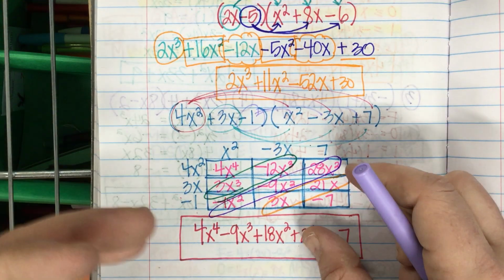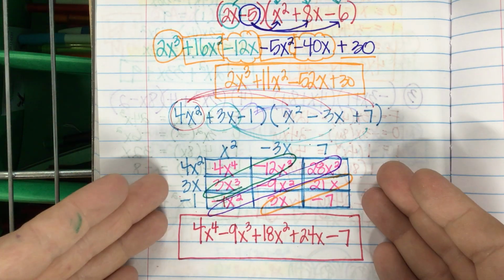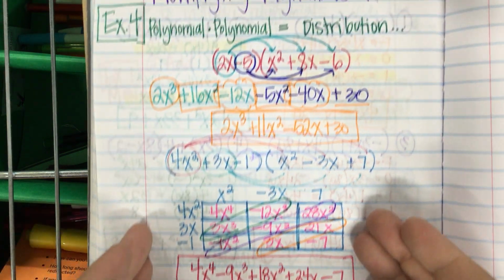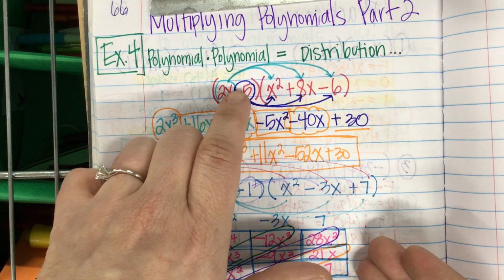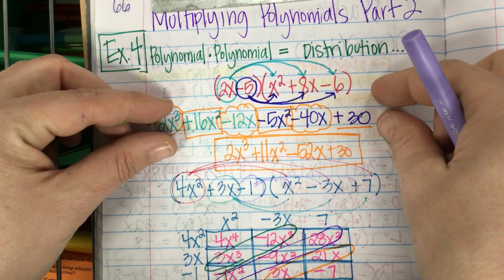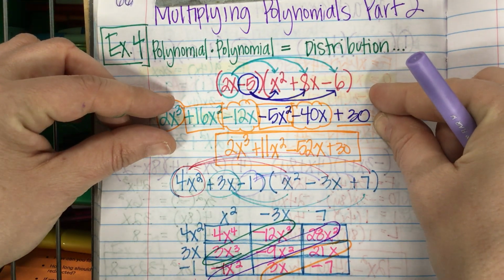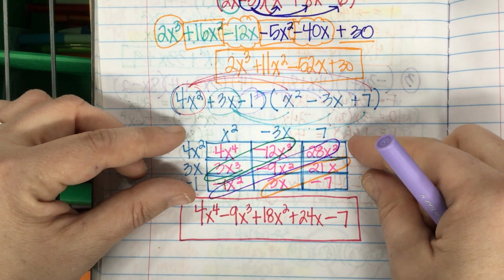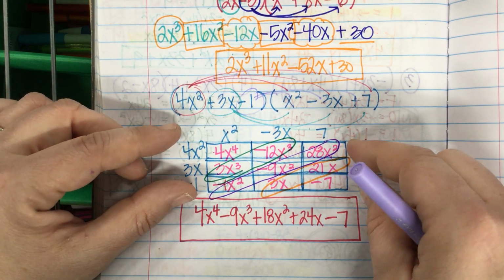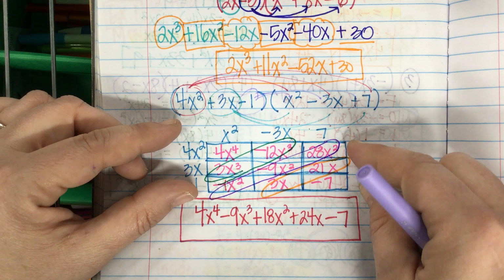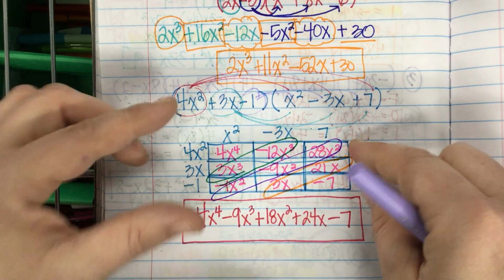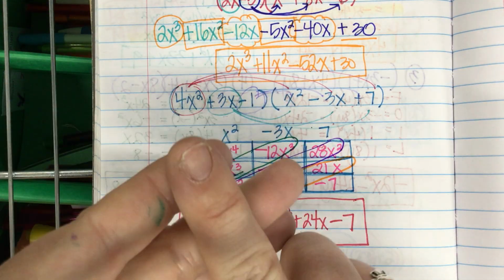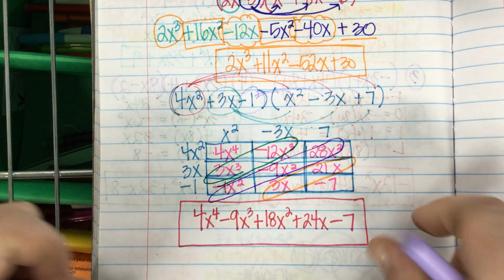So some people really like to use the grid for one like that, for a binomial times a trinomial, where it doesn't look that messy when you list it all out. It's still okay, but the grid just allows a little bit extra organization. You could do the grid for a binomial times a binomial. Instead of foiling and making a list first, outside, inside, last, you could draw a grid.